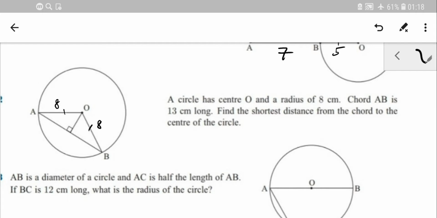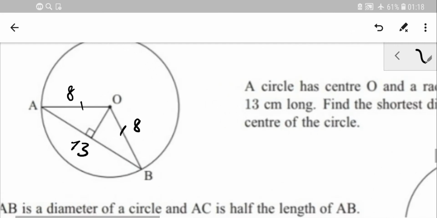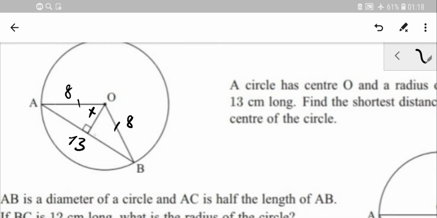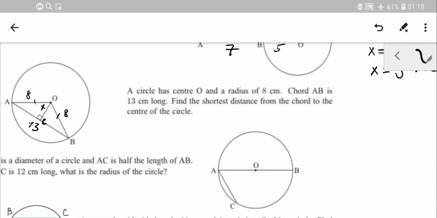Because of the 2 equal sides, triangle AOB is isosceles, and chord AB is 13 centimeters long, so I mark 13 here. Find the shortest distance from the chord to the center of the circle. It's already marked here as X, let's say OC, that we are supposed to find.